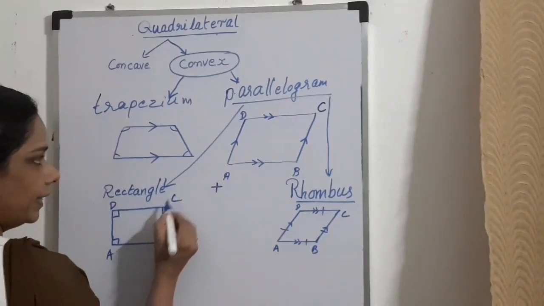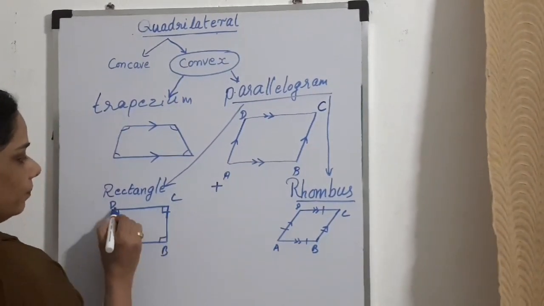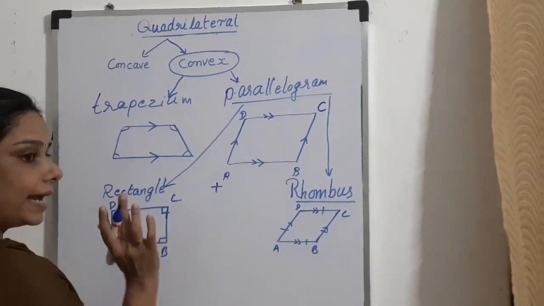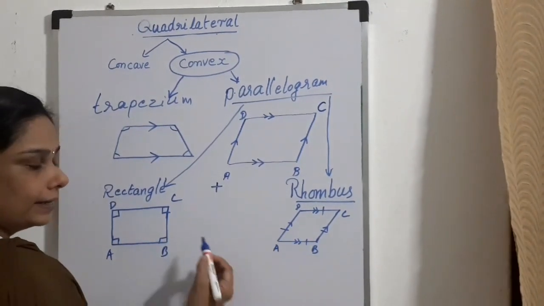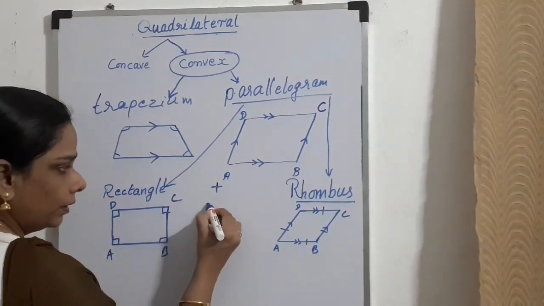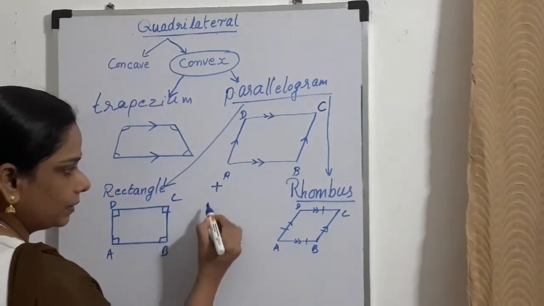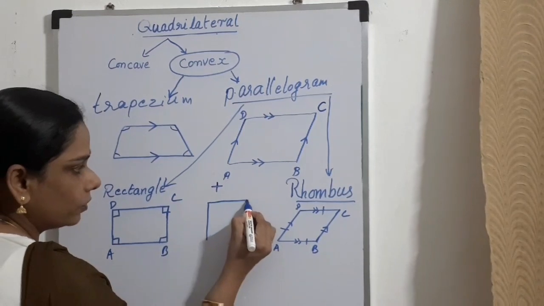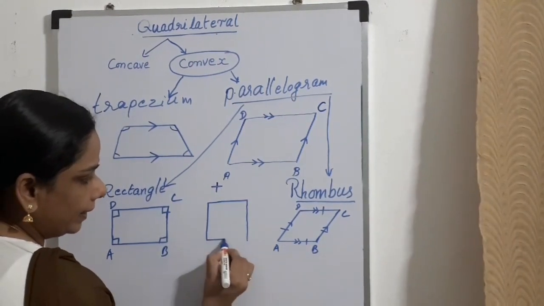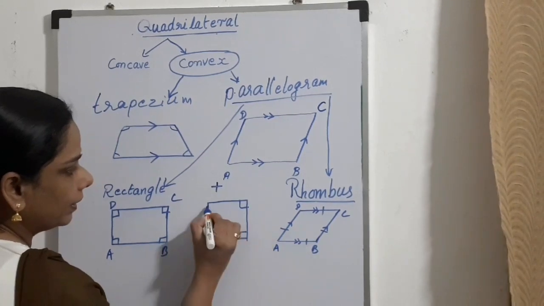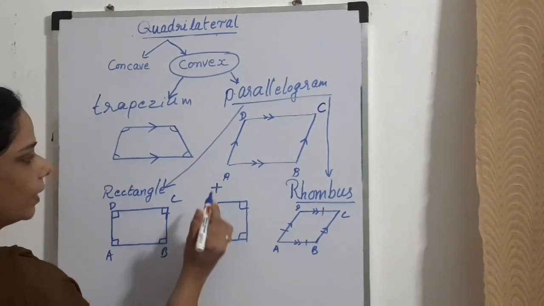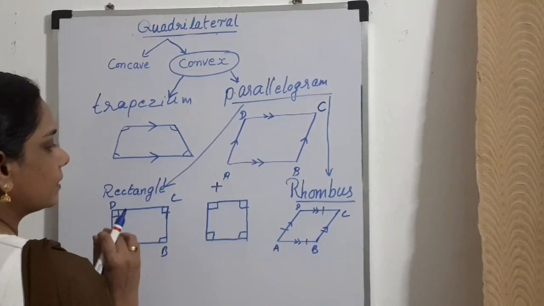Rectangle means in a parallelogram, all the four angles are 90 degrees each. In a rhombus, adjacent sides are the same. So rhombus means all the four sides are equal, and rectangle means all the angles are 90 degrees. If we combine those two properties, what will you get? You will get a square.